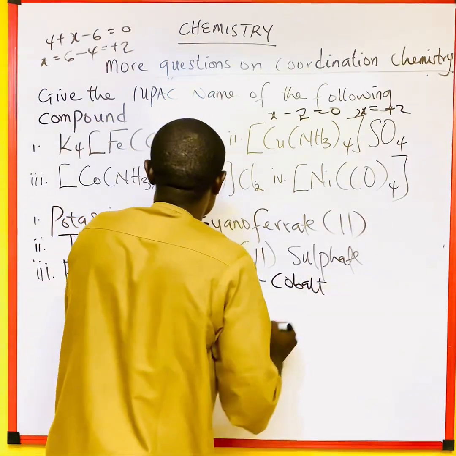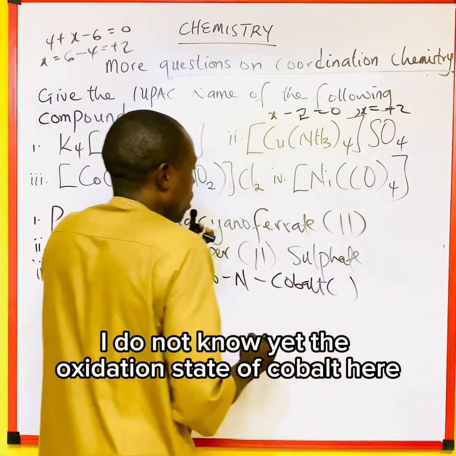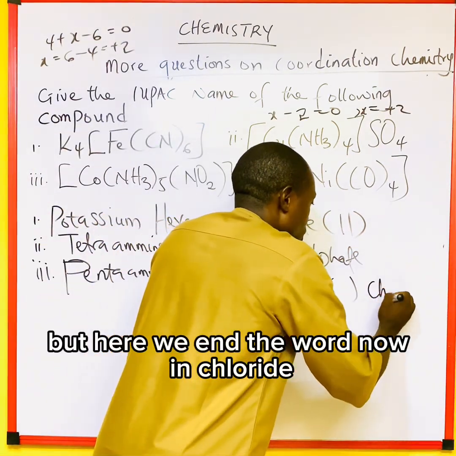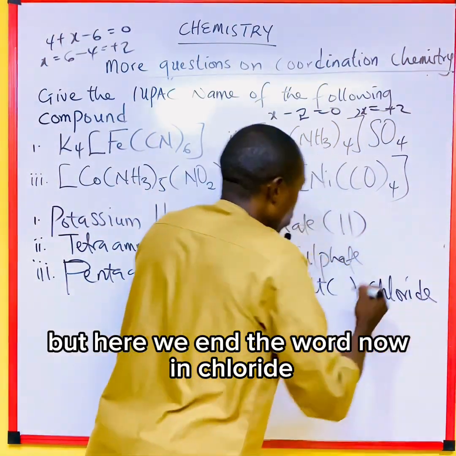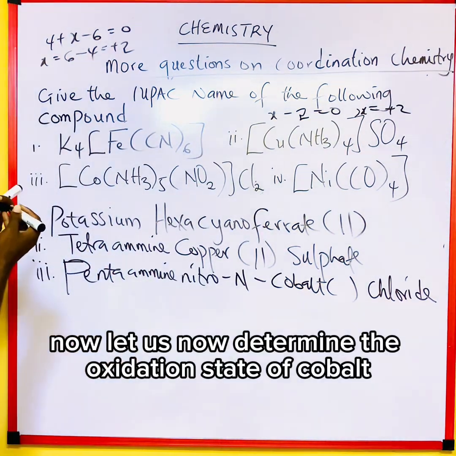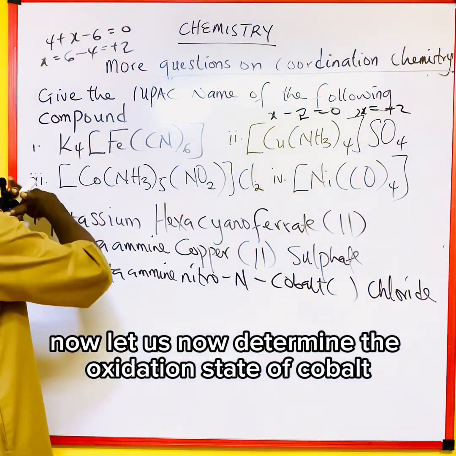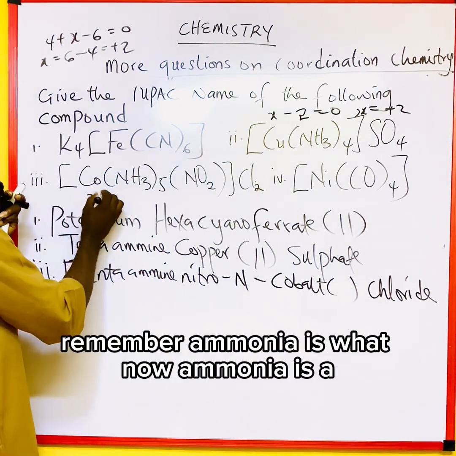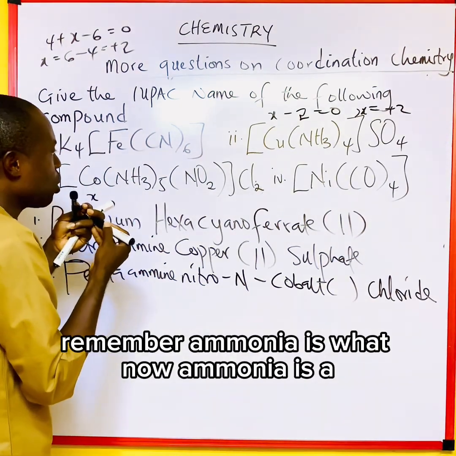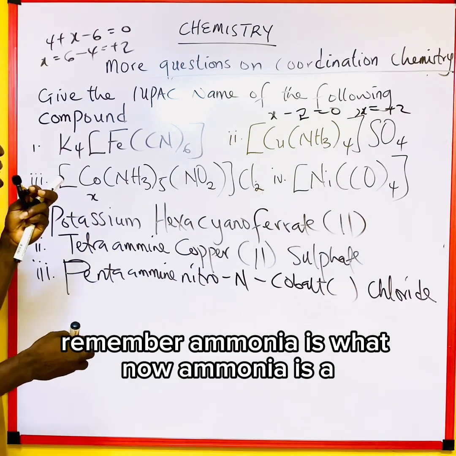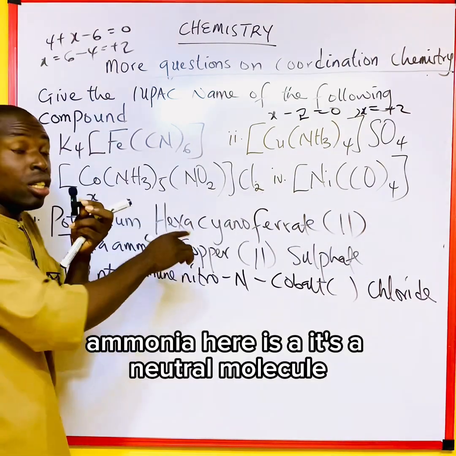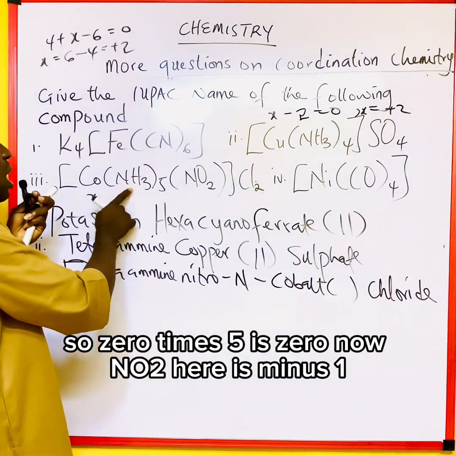Cobalt. I do not know yet the oxidation state of cobalt here, but here we end the word in chloride. Now let us determine the oxidation state of cobalt in this compound. So I'm looking for X here. Remember, ammonia is a neutral molecule. So 0 times 5 is 0.